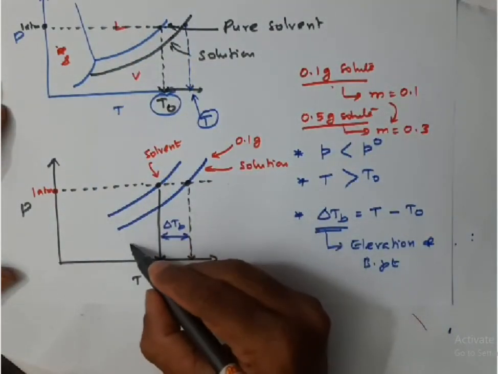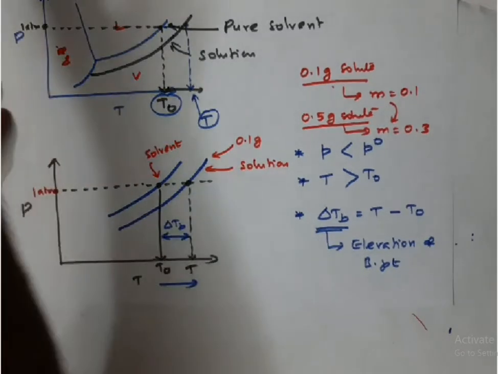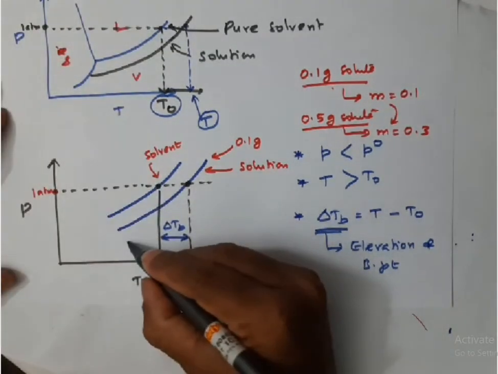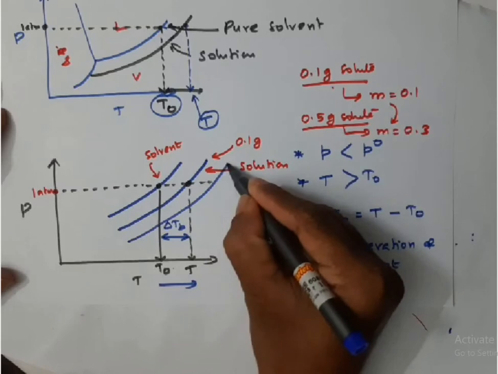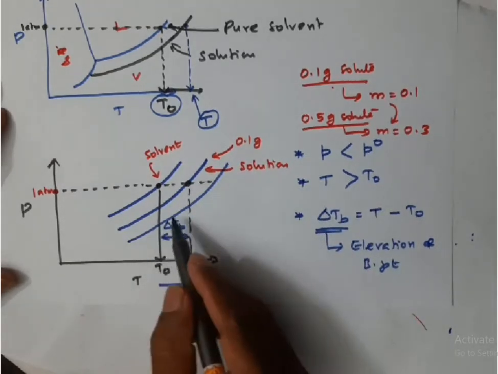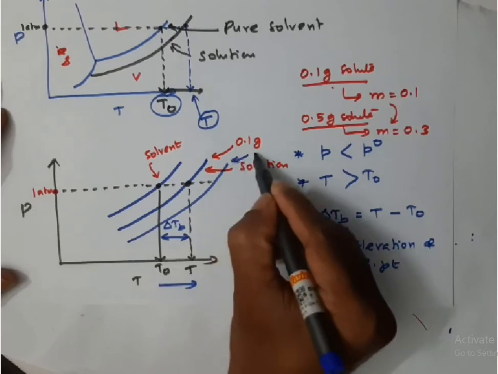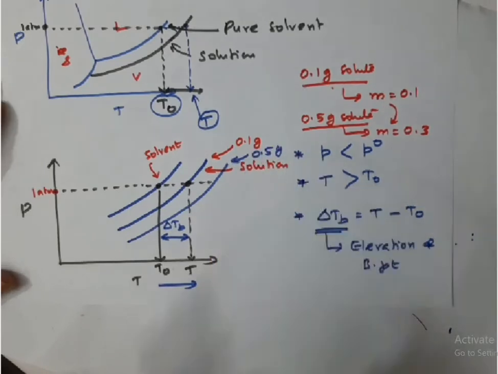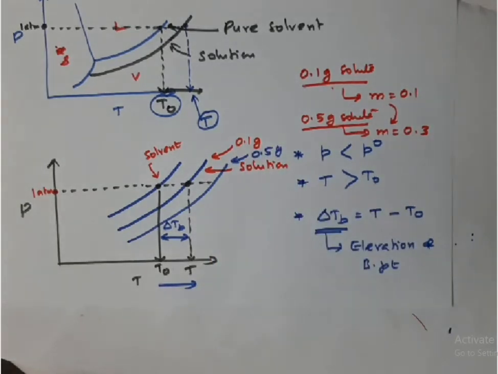So this line, let me draw here. This line is another vapor pressure curve for the solution, but here in the solution we have added 0.5 gram of solute. Okay, students, now observe carefully.